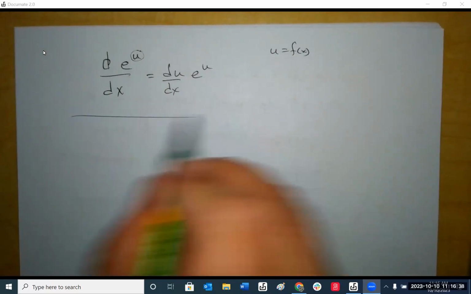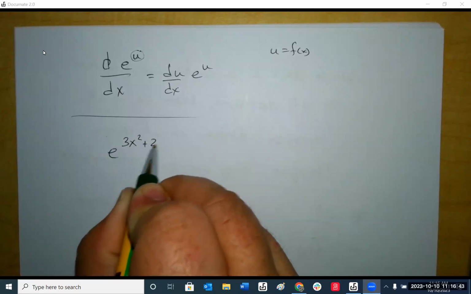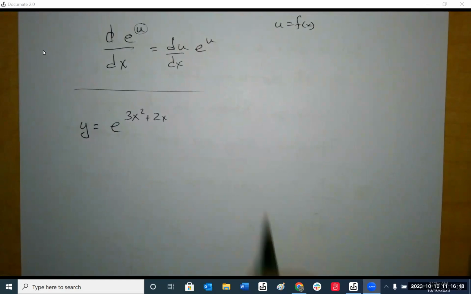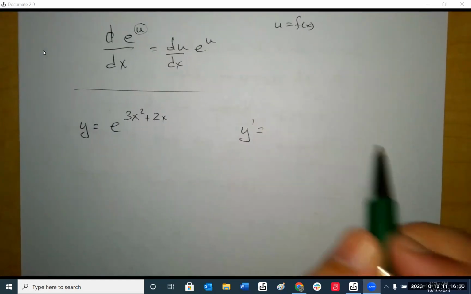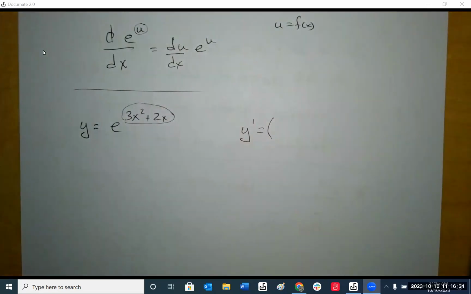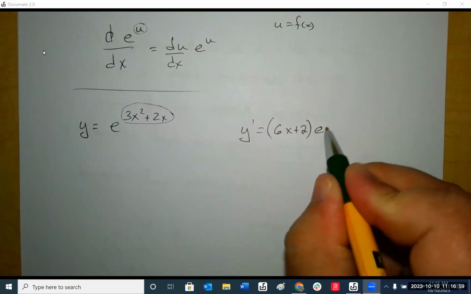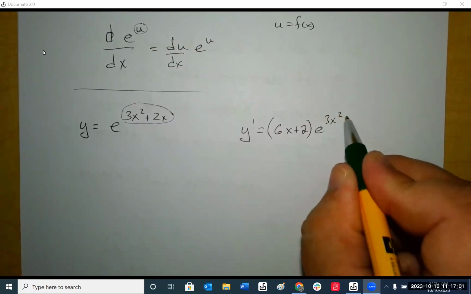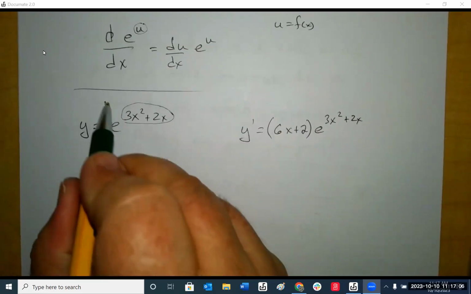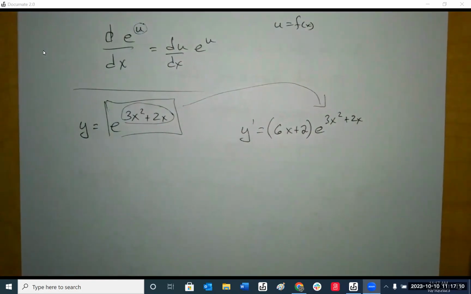So if we had e to the power 3x squared plus 2x, the derivative would be the derivative of this, 6x plus 2, times e to the 3x squared plus 2x. In other words, when you start off with e, you always have to end up with the exact same e.